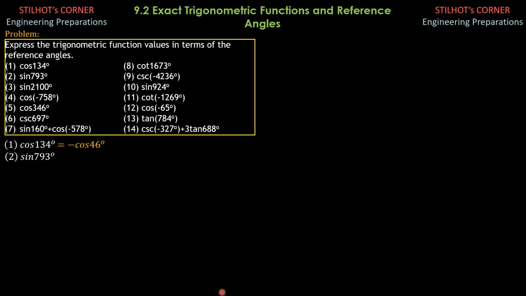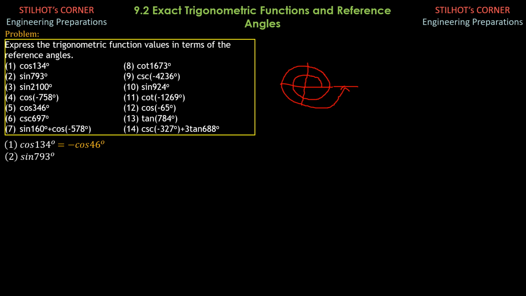793 degrees, let's have the angle so that we can locate its terminal side. So in the counterclockwise, positive direction, 1 revolution is 360, 2 revolutions is 720. That's already 720. If we add 90 degrees, that's 810.